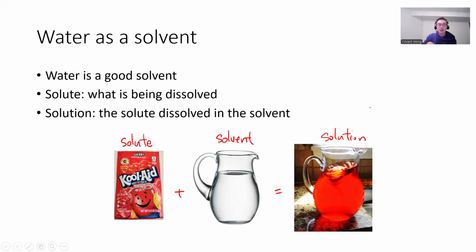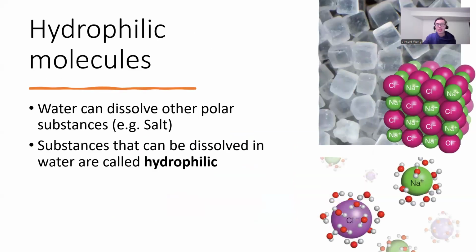Okay. So water is a good solvent because it's able to dissolve a lot of things. All those ions, all those electrolytes that we mentioned that are important in our body, they are basically solutes that have been dissolved in water, and it's part of our blood. Right? Not everything can be dissolved in water, but a lot of things can.